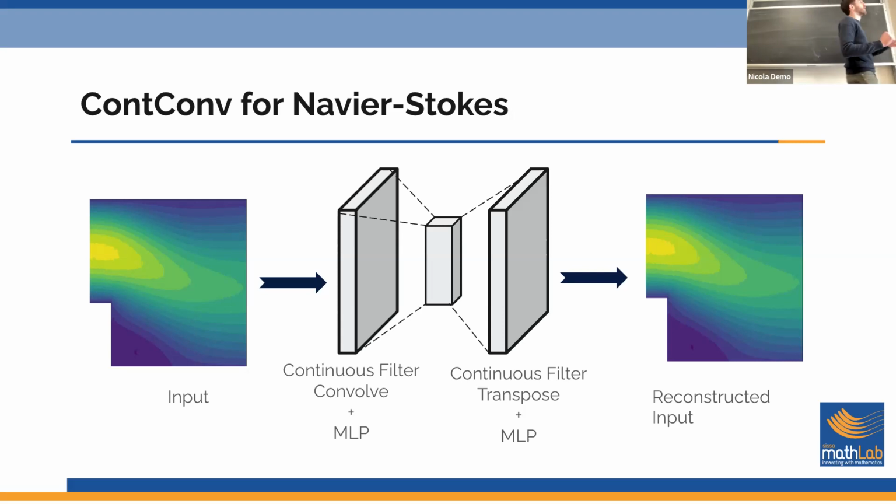But for this case, we just try to use an unstructured grid to feed an autoencoder with this kind of filter. Here, of course, it is not just a continuous convolutional filter, but we have also some multi-layer perceptron in the middle.